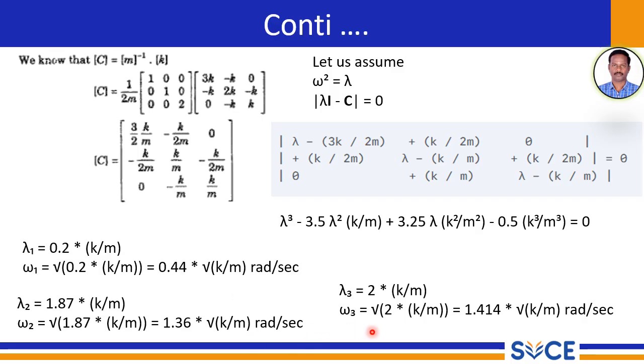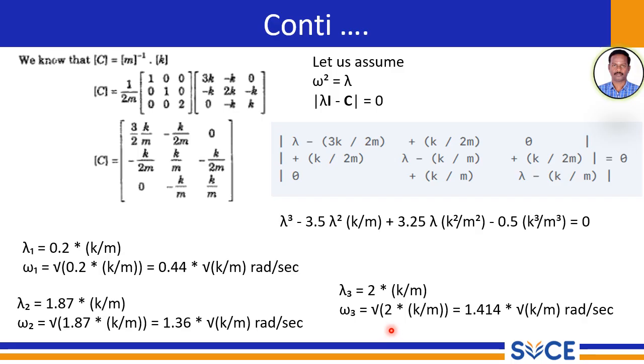In some problems, the stiffness and mass matrix will be given in terms of values, like k equal to 10 Newton per meter, mass equal to 10 kg. If that is given, we can substitute these values and calculate the natural frequencies as discrete values. These three natural frequencies represent the inherent frequencies of the spring mass system, which will tend to oscillate when disturbed.